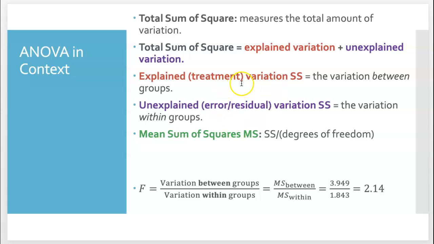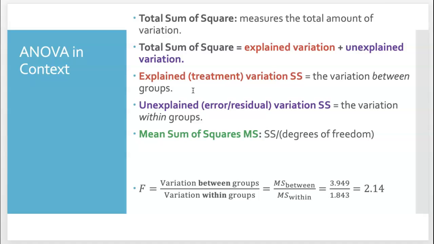This explained or treatment variation, SS, is equal to the variation between groups. That tells you how much of the variation in the sleep amount, the numeric variable, is explained by the categorical variable. Not exactly, but that's kind of what it is.